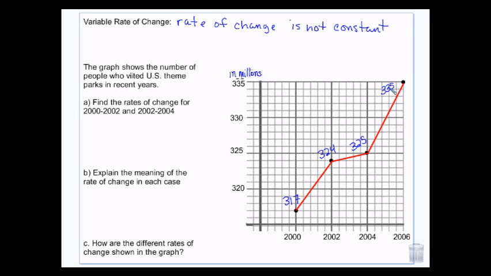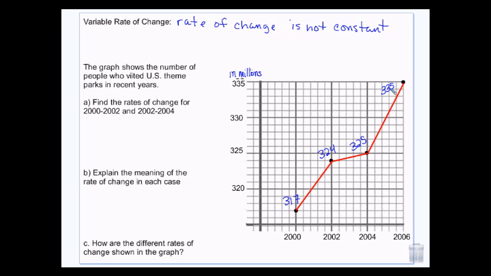Now, as you can see though, the change is not the same all the time. With a constant rate of change, it goes up the same amount each time. But we are going up from 317 to 324 between 2000 and 2002, but between 2002 and 2004 we only went up 1. So we're not going up the same amount every time.